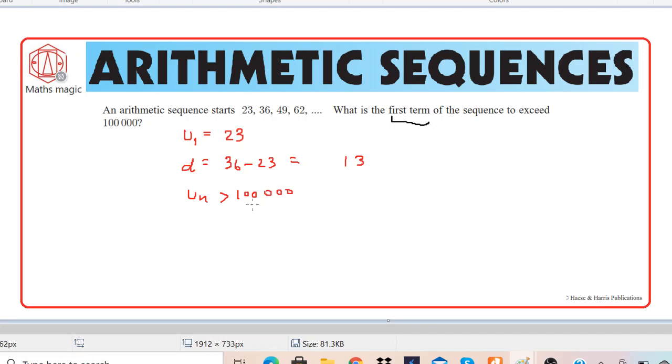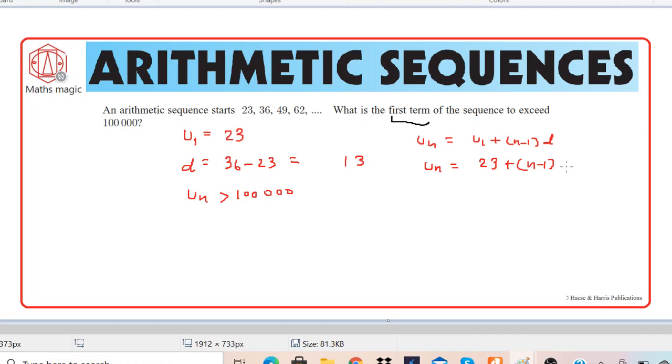So over here we will set the equation, and first let's write the general form: un is equal to u1 plus n minus 1 into d. So un is equal to u1, which is given as 23, plus n minus 1 into d.